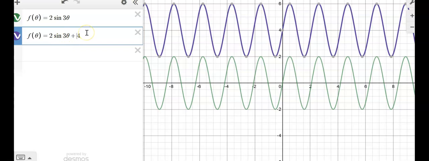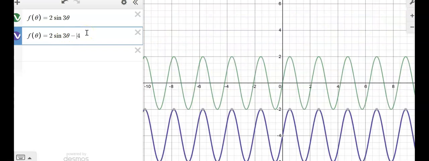What will happen if I do minus 4? As you can see now, minus 4 tells me that the graph will shift downwards to the negative y-axis. Now from 0 it has gone down to minus 4. So y equals minus 4 is the midline of this graph.